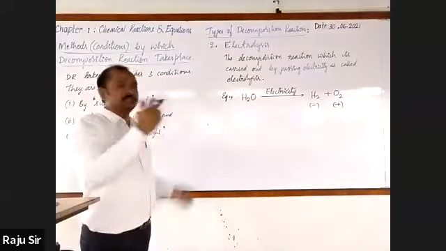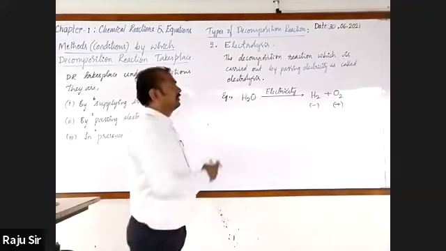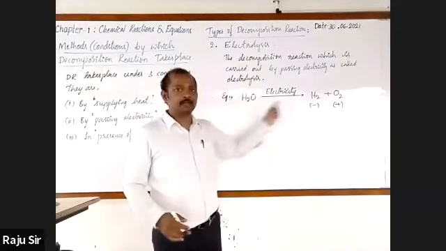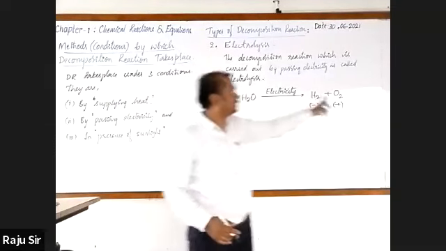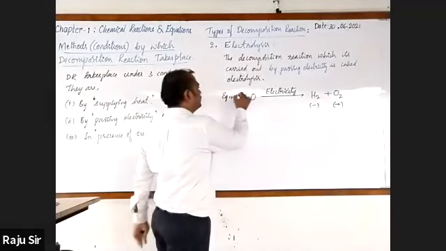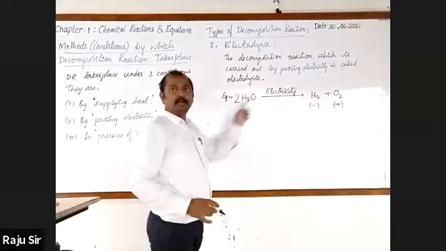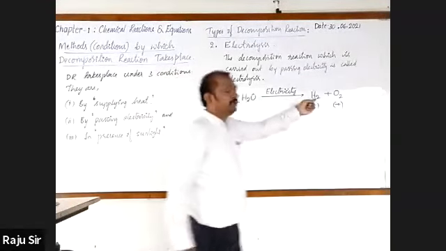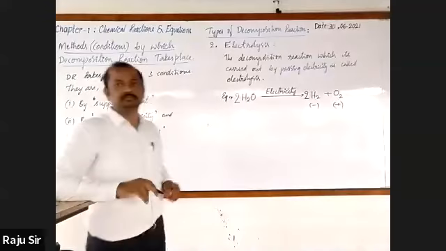Just for your reference, I have written the equation. Let us balance it. Hydrogen is already balanced, but we want to balance oxygen. Here is one atom, here is two. Hence, I multiply this by 2. Oxygen is balanced. Next, hydrogen: 2 twos are 4. Multiply by 2. Then let us write 2.